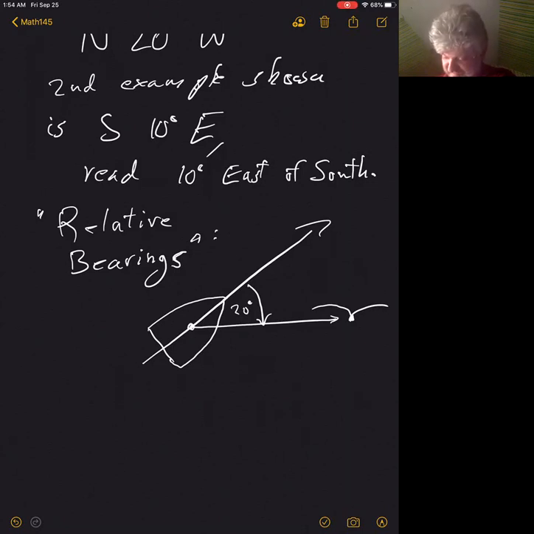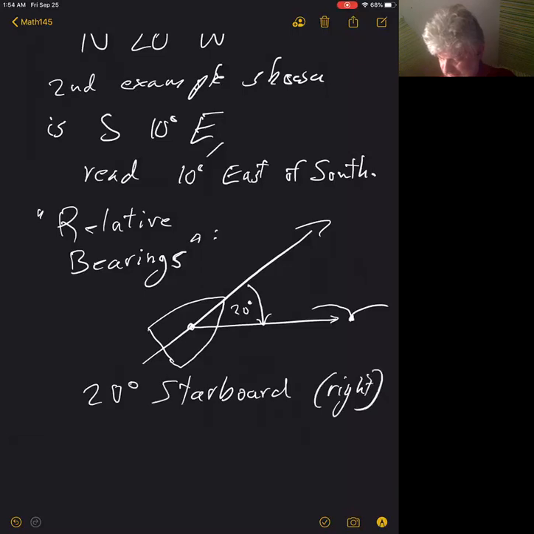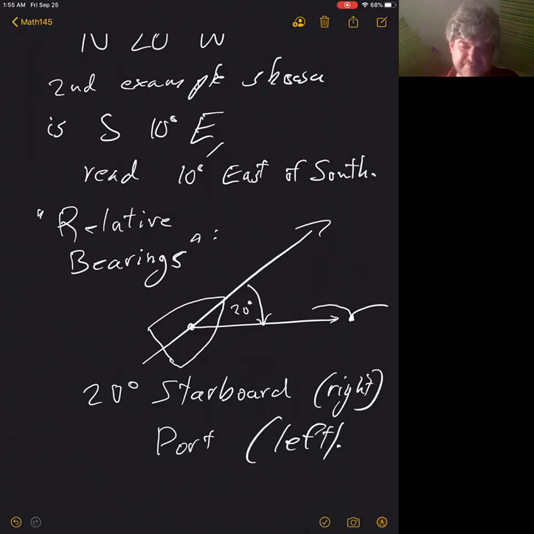Starboard means right. 20 degrees starboard. And then to the left, it's called port. So another seagull, 15 degrees to the left would be 15 degrees to port.